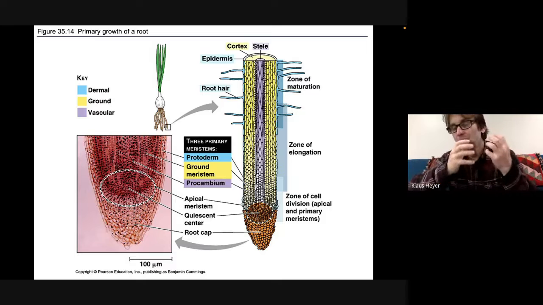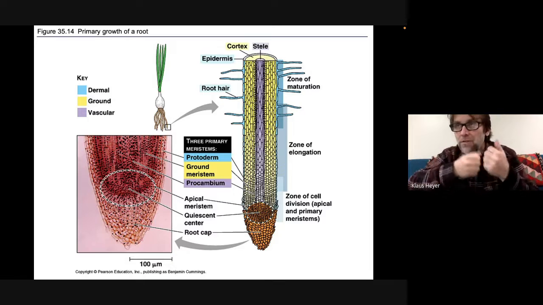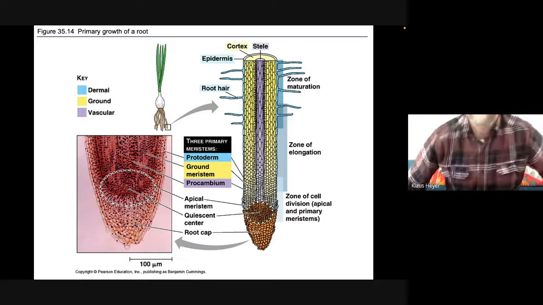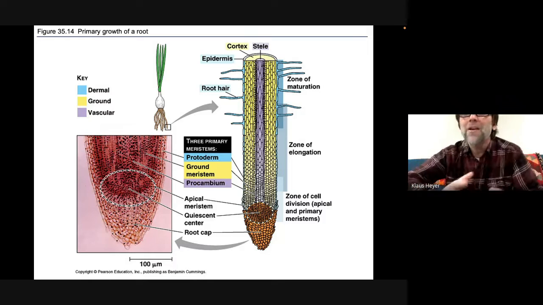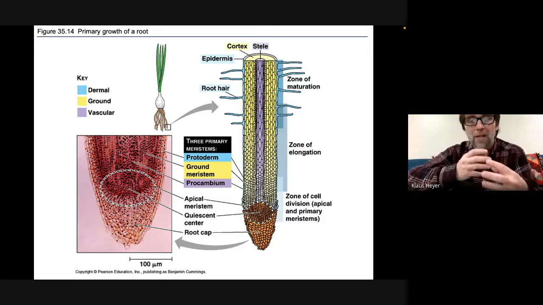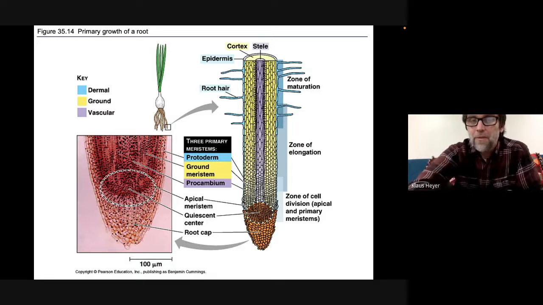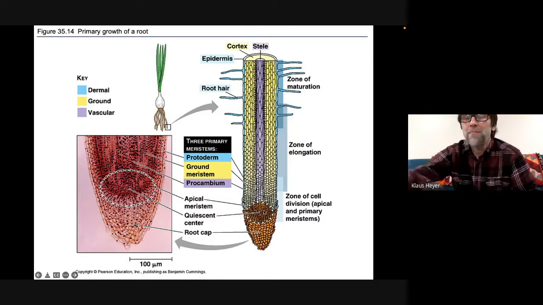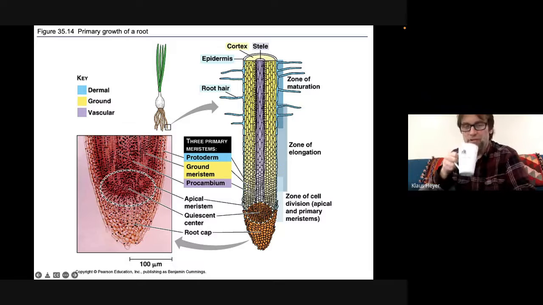There's areas where they tend to go through more mitosis. Any area that goes through a lot of cell division, they call a meristem. So right here, meristem. This is a meristematic region, meaning it's going to go through a lot of cell division.